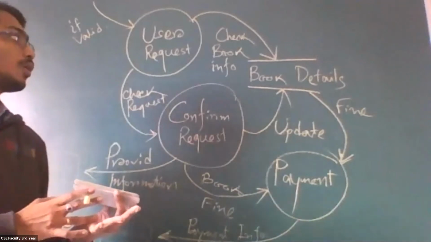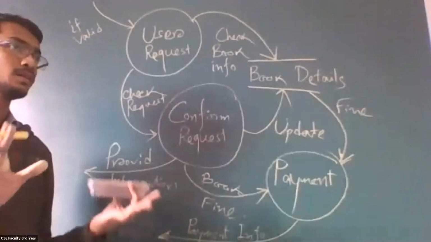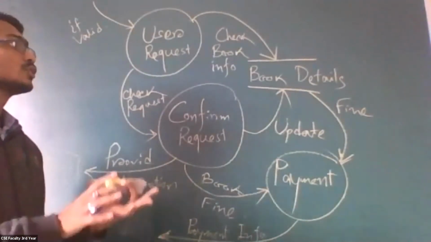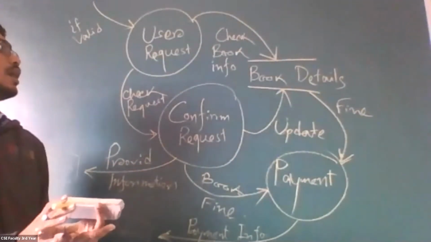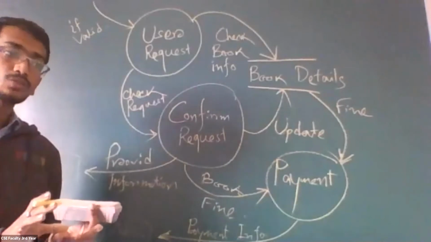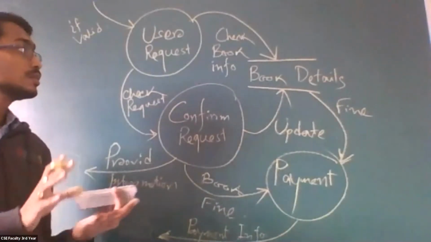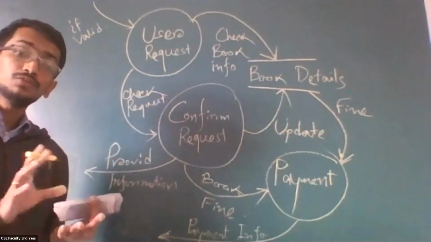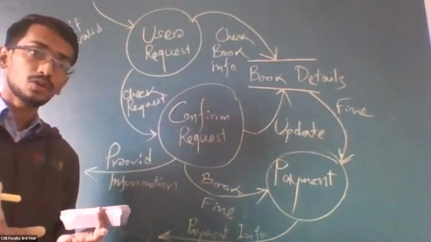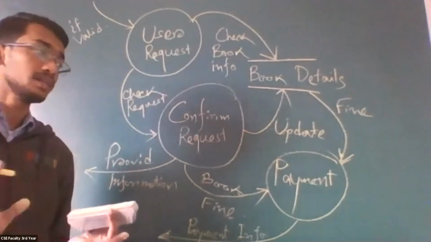These details we need to check. So for that, we need some databases there, and if we need any database, we can add databases in the level 2 DFD. For each process, if we need a database, then we can add it.